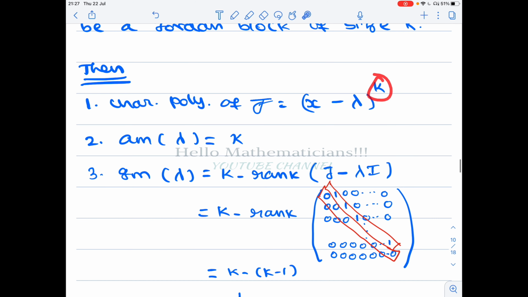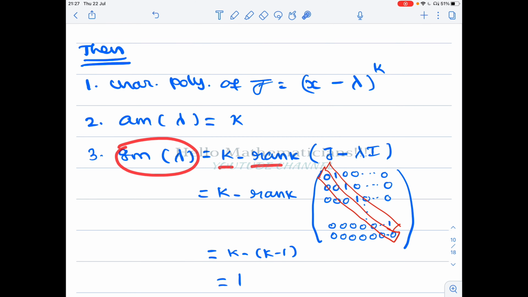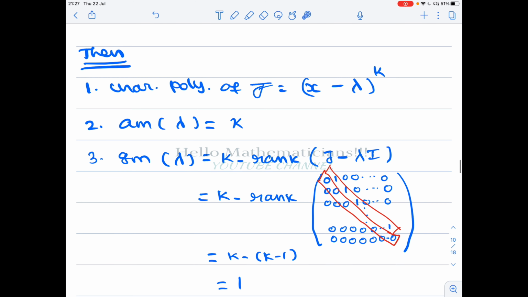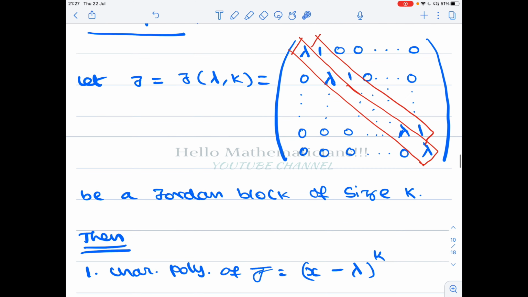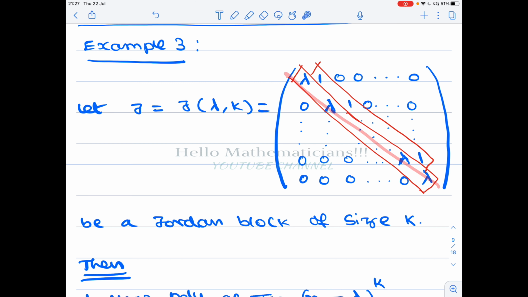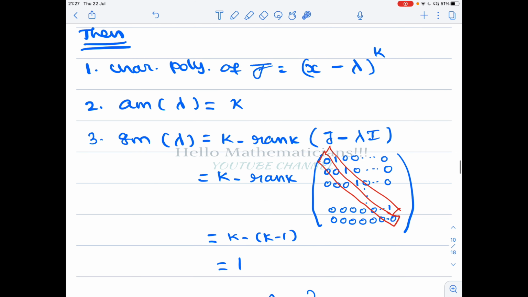And let's calculate the geometric multiplicity of lambda. The geometric multiplicity of lambda is, by our formula, k minus the rank of J minus lambda I. When you subtract lambda I, all these lambdas will go, we will get 0. Therefore the diagonals become 0, but the ones in the diagonal next to the main diagonal remain 1 only.